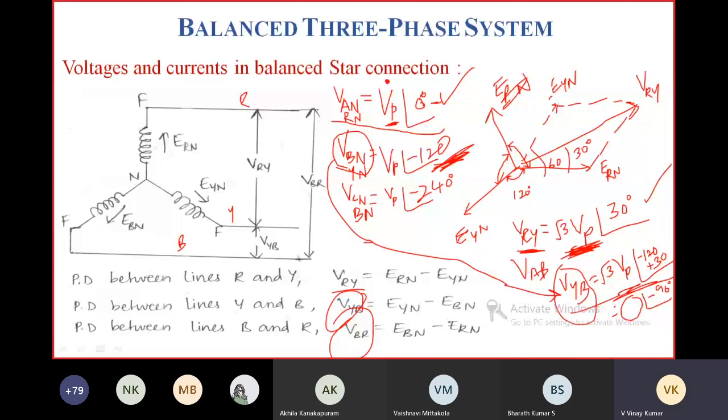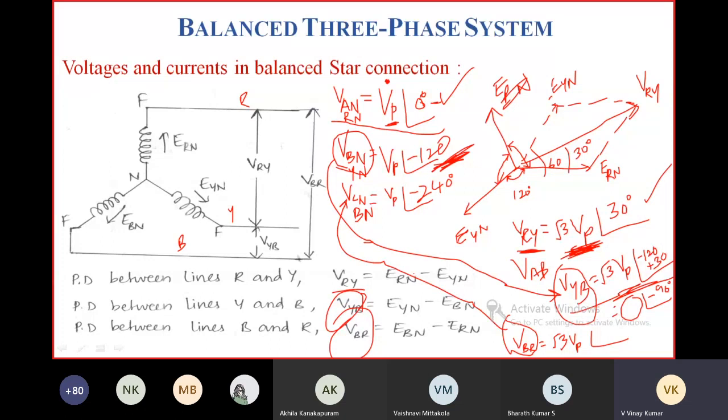Similarly, VBR is equal to root 3 times VP at an angle. This line voltage is corresponding to this phase voltage.